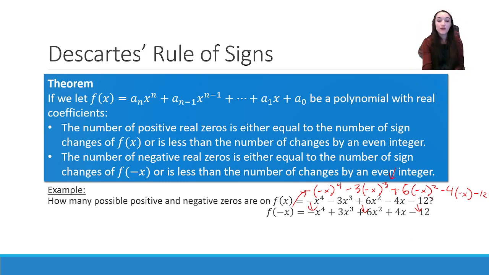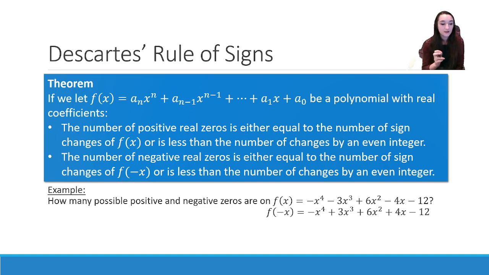Alright, so now we have f of x and f of negative x. Nothing really new or groundbreaking here. We've done that in our previous unit. Now, how do we apply Descartes' rule of signs once we have that? Well, essentially, our goal is to figure out how many changes of sign there are in each.